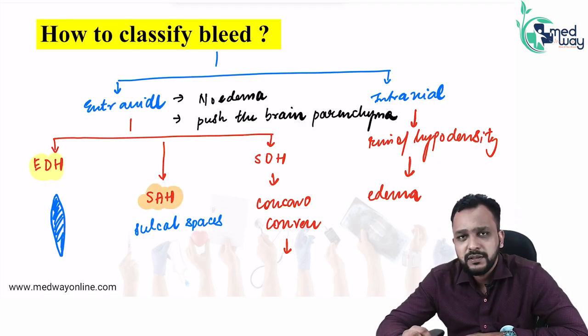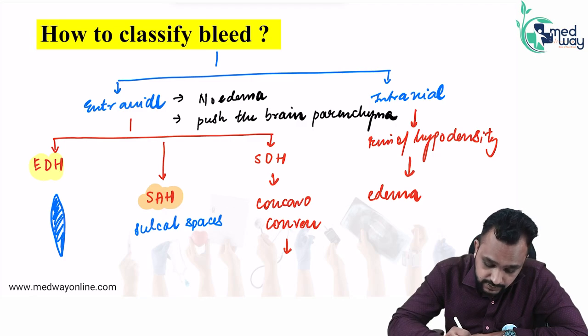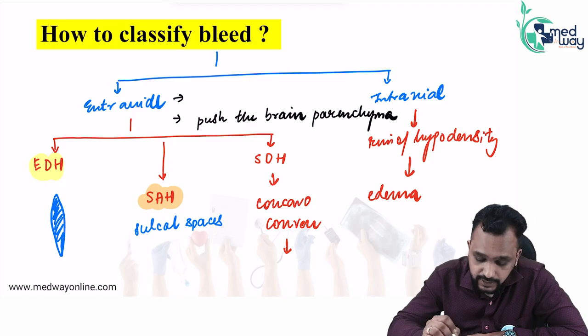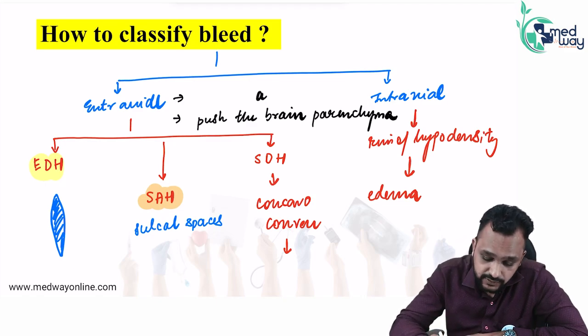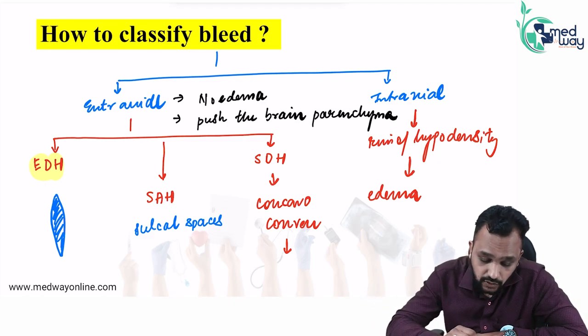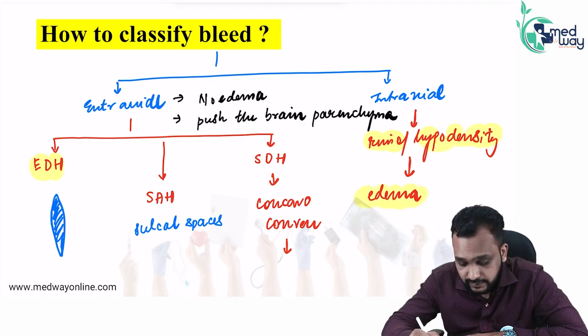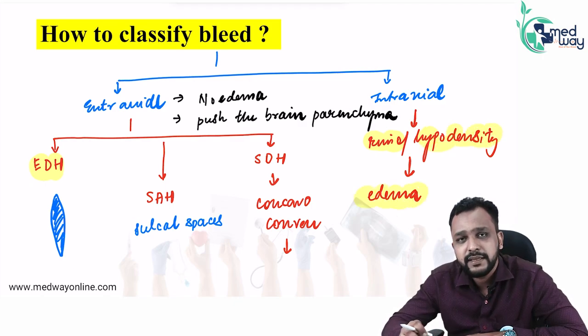Another important feature in extraaxial bleed is that there will be no edema. Edema will not be seen in patients with extraaxial bleed. And all intraaxial bleeds will be surrounded by a rim of hypodensity, and this rim of hypodensity is nothing but edema.